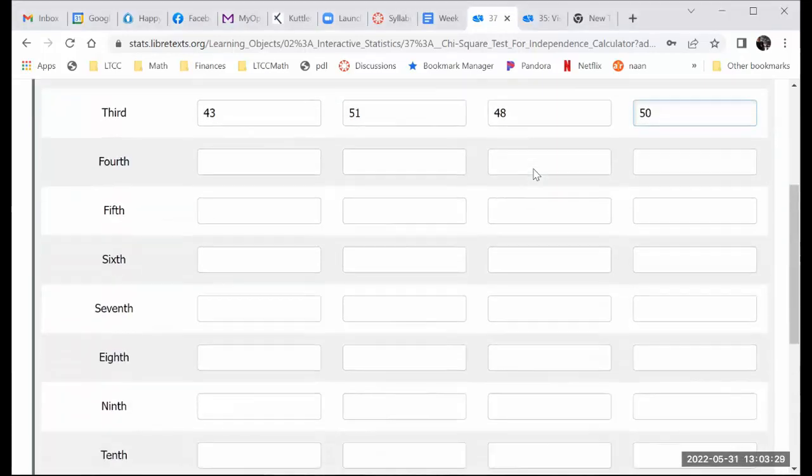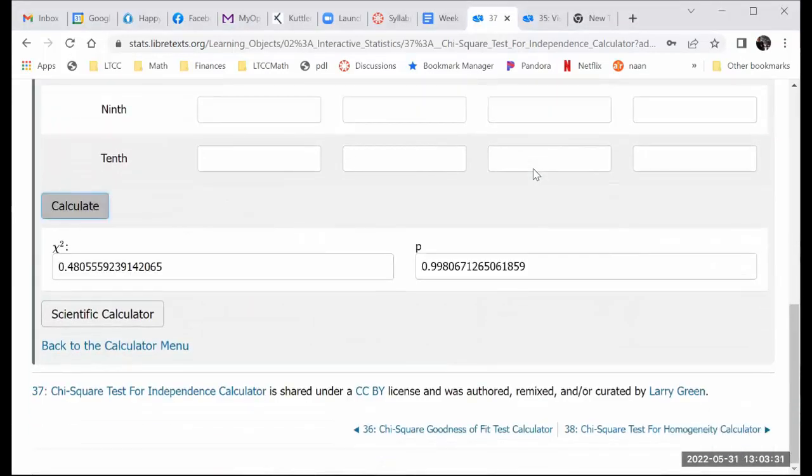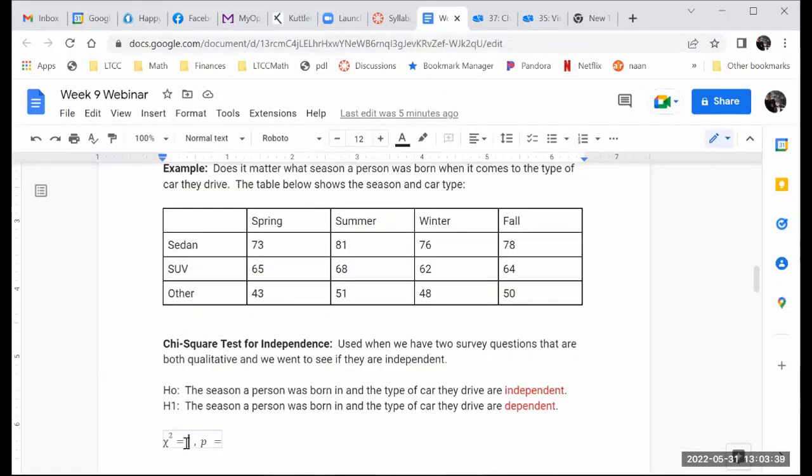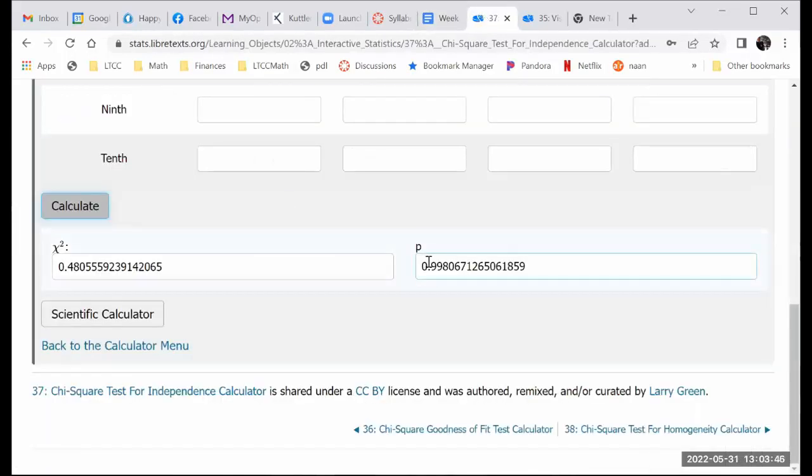Okay, so now I'm going to hit calculate. There's our chi-squared, 0.48. And then our p-value was 0.998.